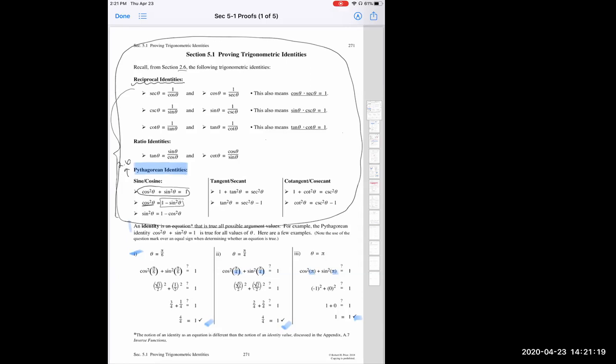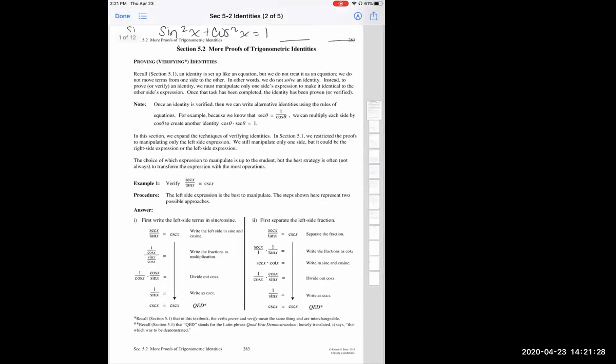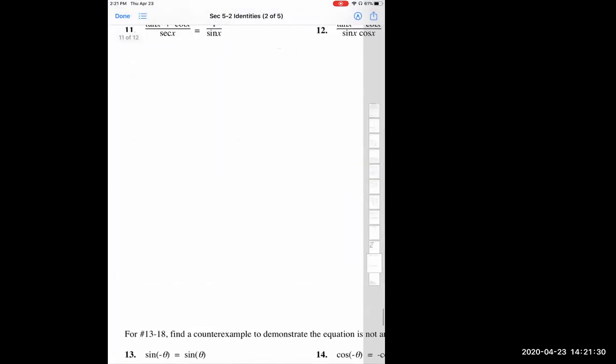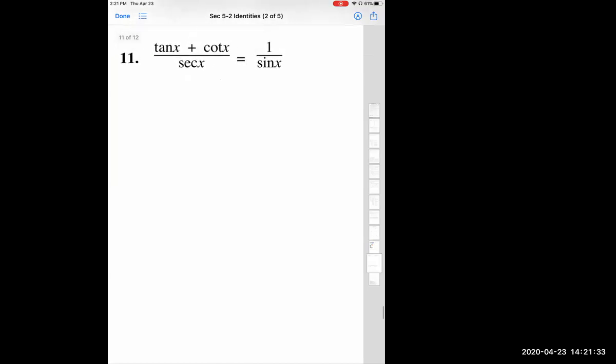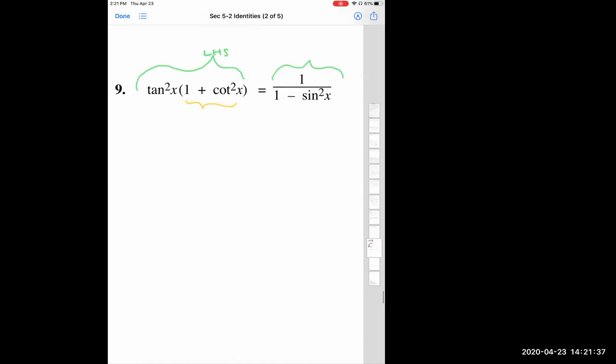Make sure you have your book. So I have 1 plus cotangent, and 1 plus cotangent does give us something, right? That gives you cosecant. Let's try changing it to cosecant.